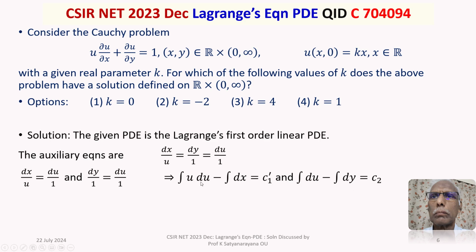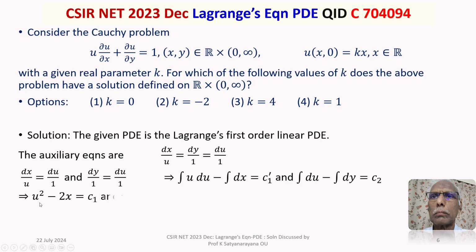The integral of u du is u²/2, minus the integral of dx which is x, so u²/2 − x = c1'. Taking the LCM, we get u² − 2x = 2c1'. For 2c1' we write another arbitrary constant c1.